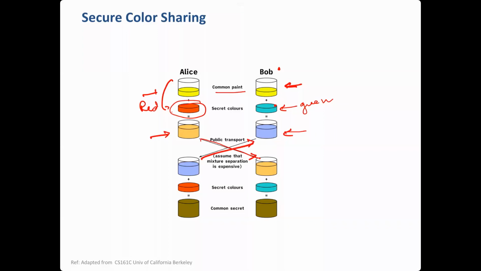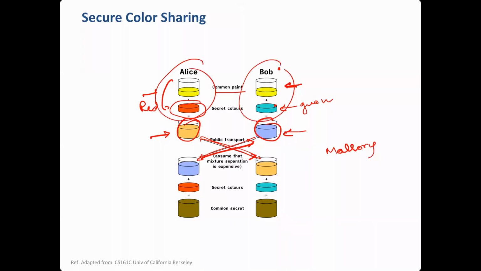Bob receives Alice's paint color, and Alice receives Bob's color. In between, there's Mallory. Mallory also receives them, but Mallory cannot split these two colors and cannot find out the secret color.